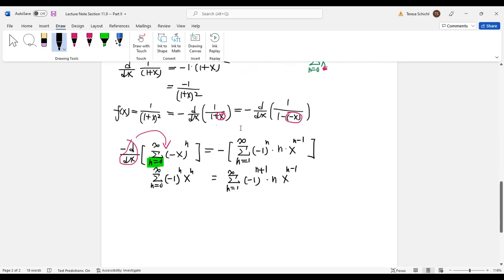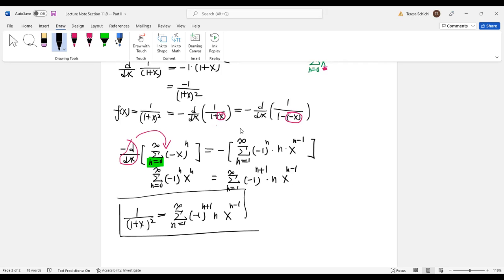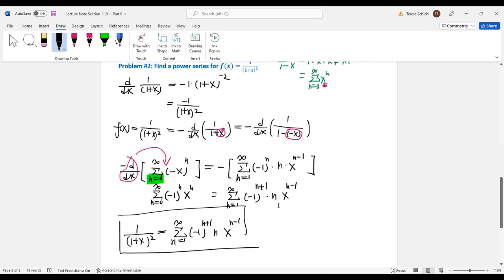So now my final answer: for 1 over 1 plus x squared, the power series is the summation n from 1 to infinity of negative 1 to the n plus 1, times n, times x to the n minus 1, right?